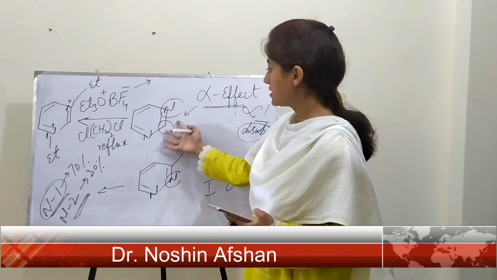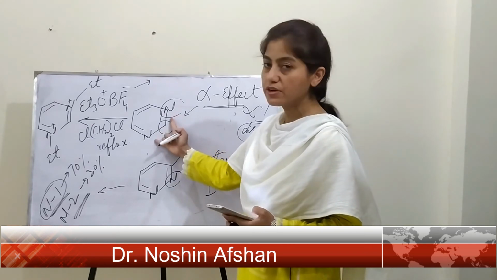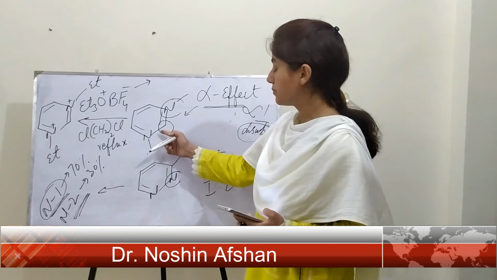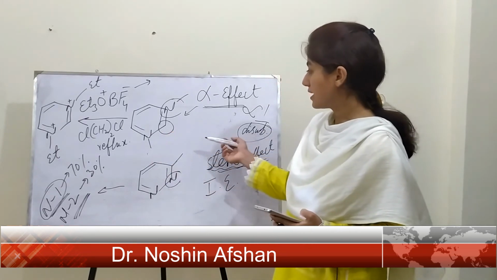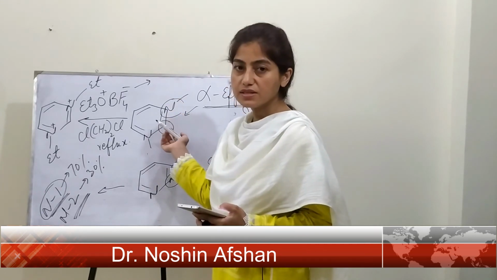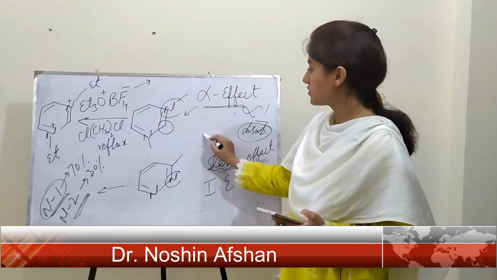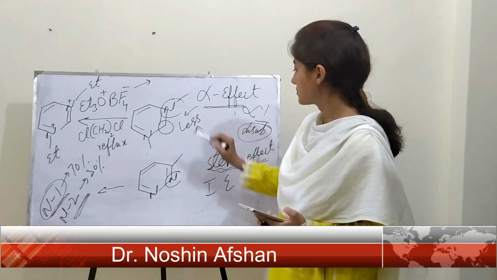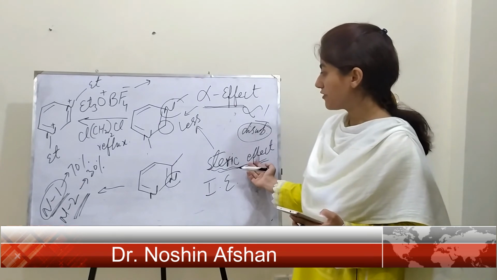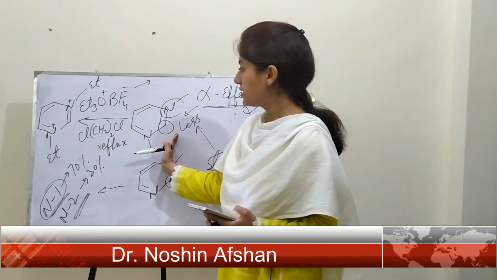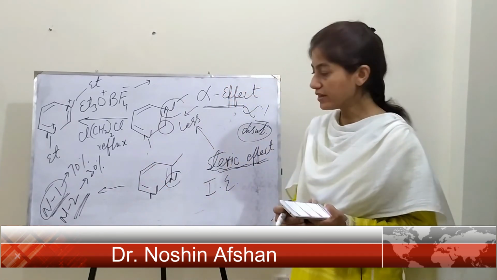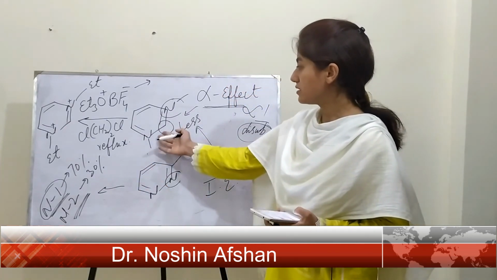But here there is enough distance between these two nitrogens, and if both of these nitrogens in the case of pyrimidine get alkylated to form the disubstituted product, still there is less steric hindrance, less alpha effect, less steric effect, so the pyrimidines may form the disubstituted product, and also inductively it is all supported.